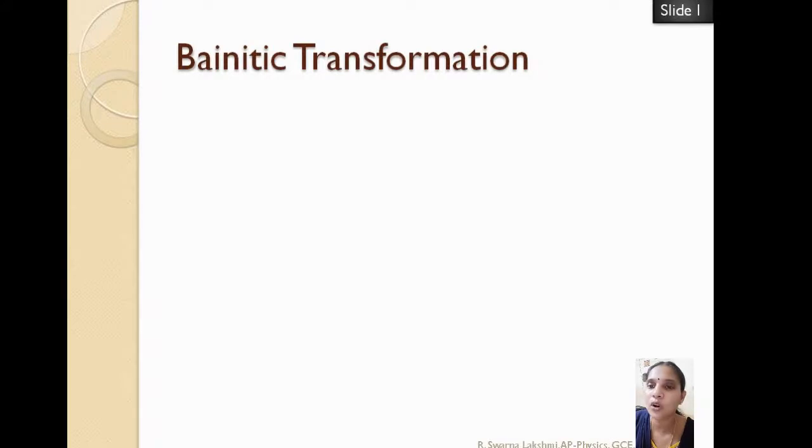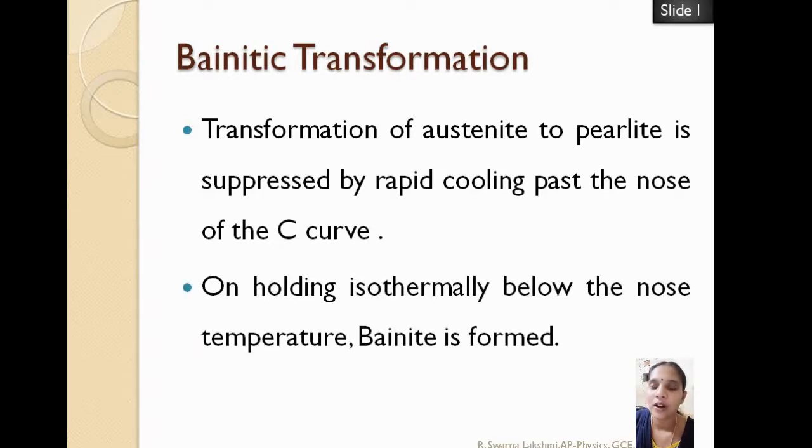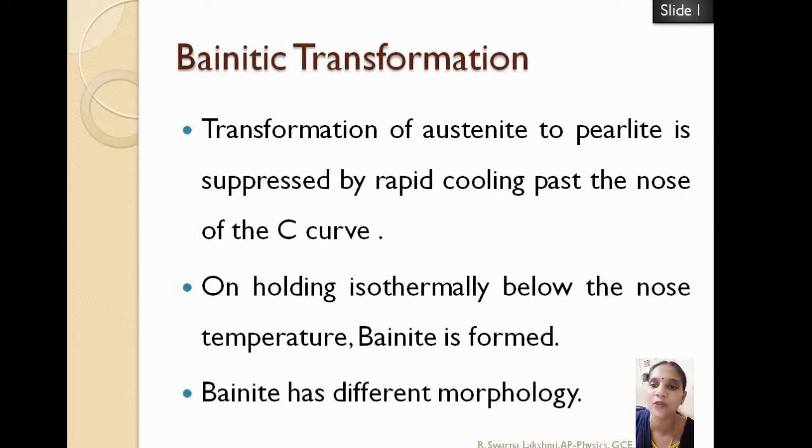Let us now move on to the bainitic transformation. The transformation of austenite into pearlite is suppressed when the sample is cooled past the nose temperature. On holding it isothermally below the nose temperature, bainite is formed. Bainite can have different morphology depending on the temperature at which it is held.